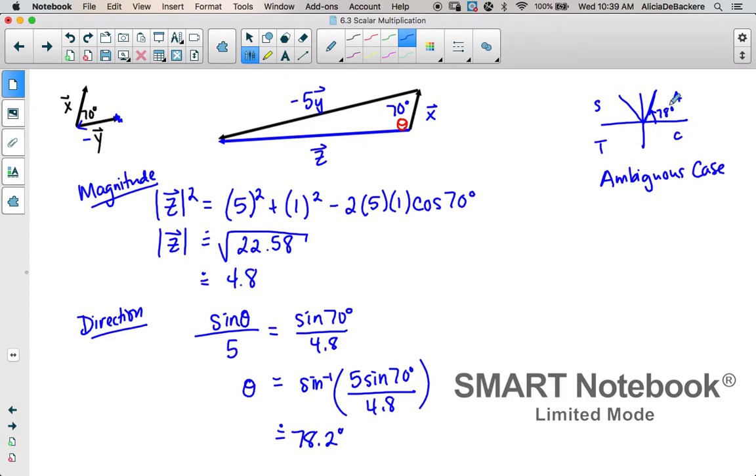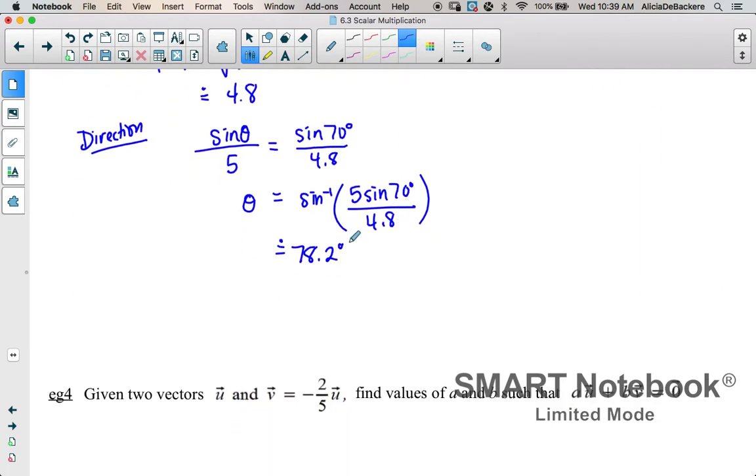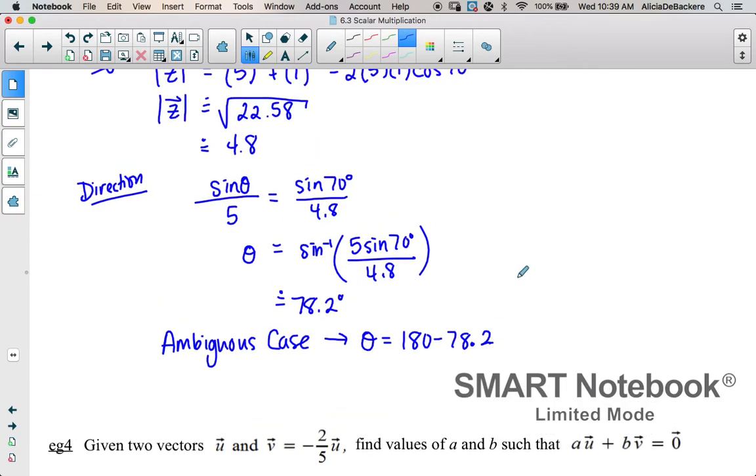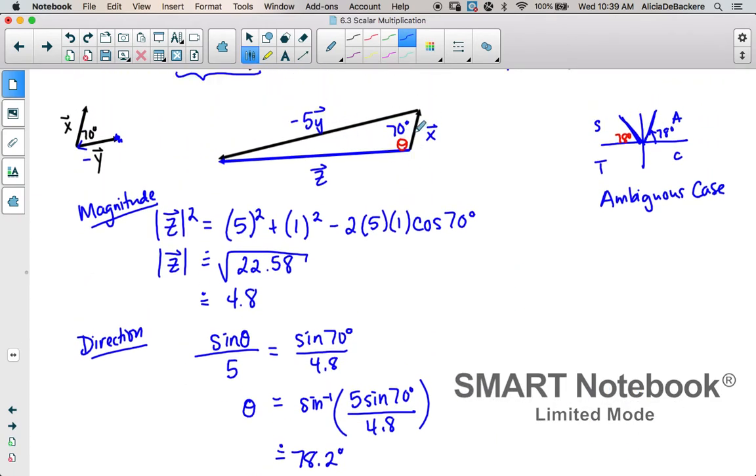We covered this in 3U, and so it's actually this obtuse angle that I want, and so 78 is also the angle in here, and so I'm going to do 180 minus 78 to figure that out. And so I just used the picture to help me realize that I actually wanted an obtuse angle here.